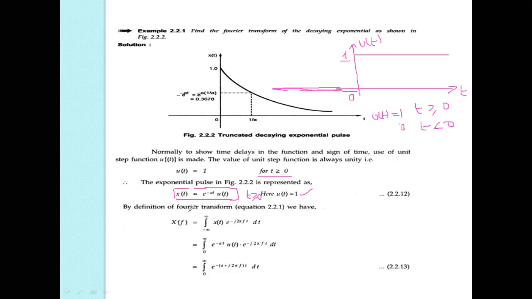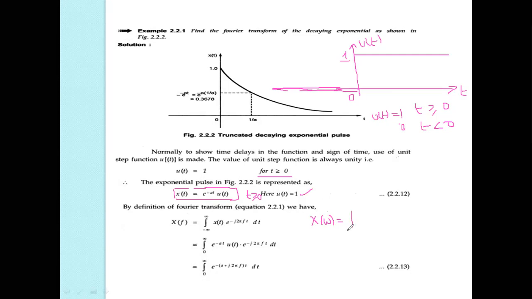Okay, so by the definition of the Fourier transformation, we know that X of f is equal to the integral from minus infinity to infinity of x of t e power minus j 2 pi f t dt. Okay.